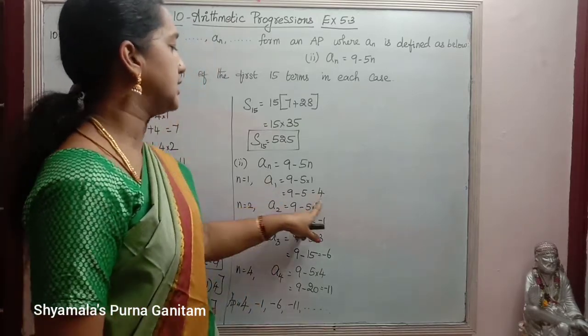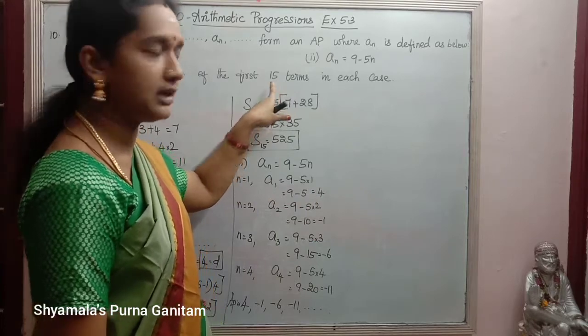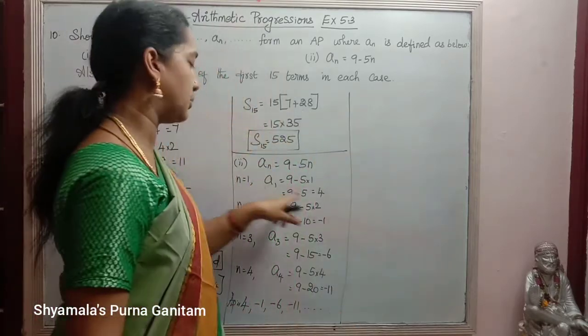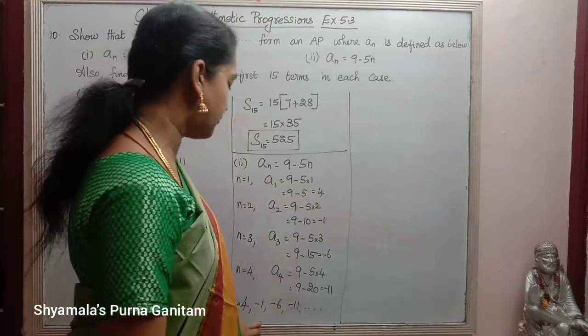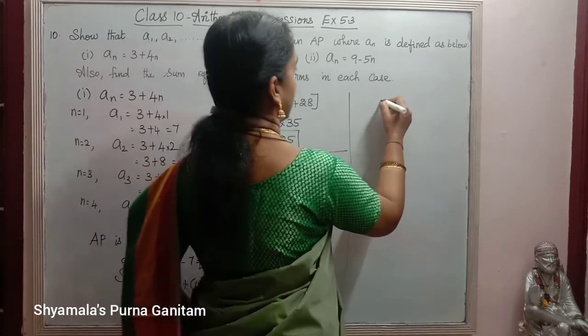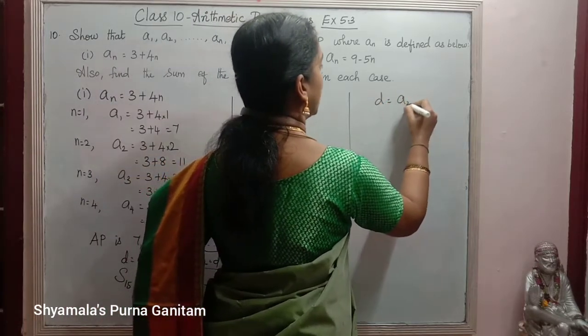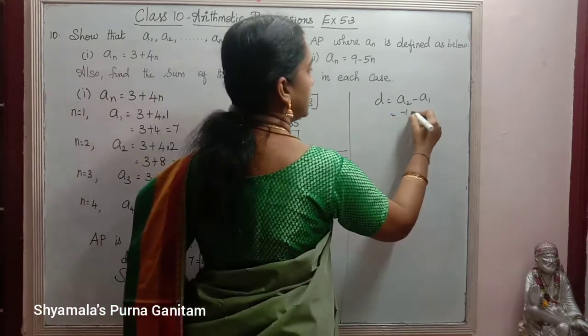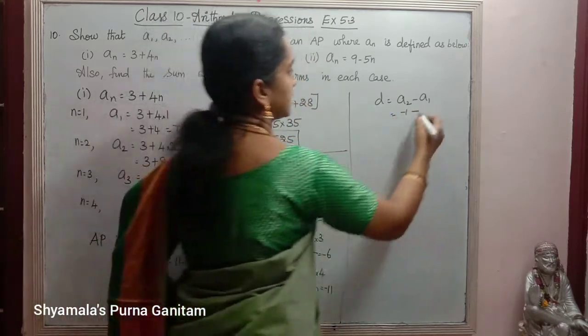So we are asked to find S15. For that, the first term A is A1, that is equal to 4, and the difference is minus 5. First we will find D also. A2 minus A1. So A2 is minus 1 minus A1 is 4.